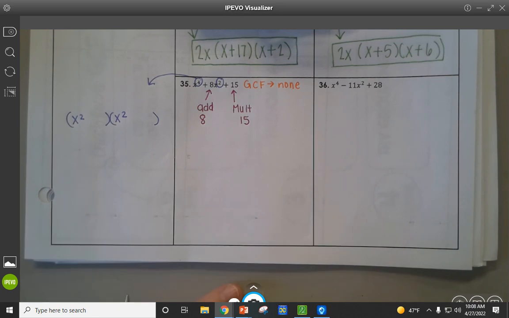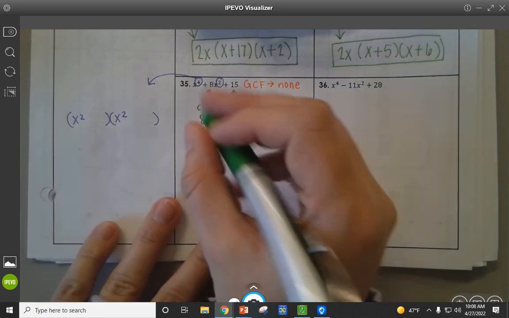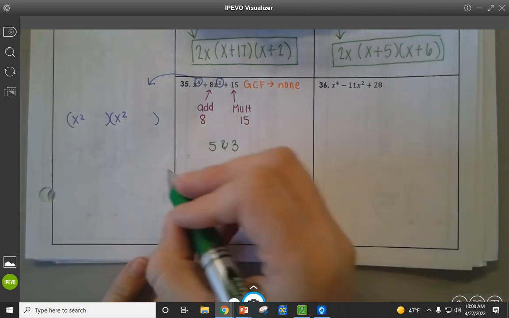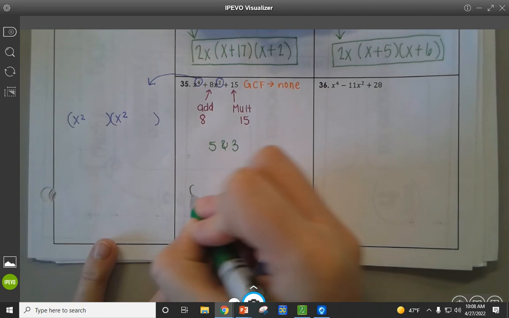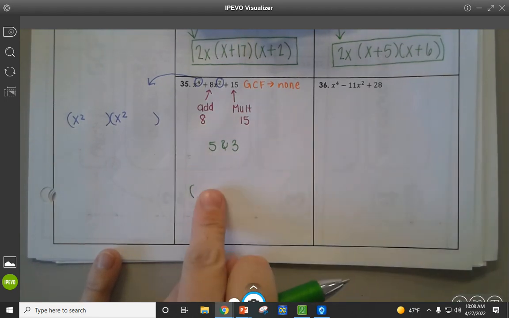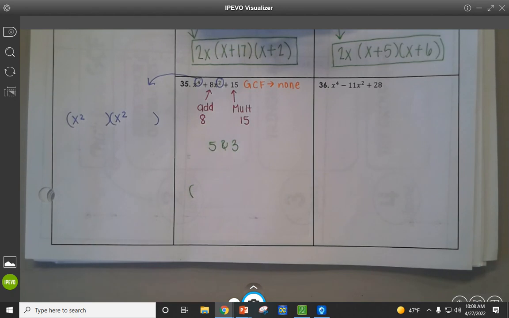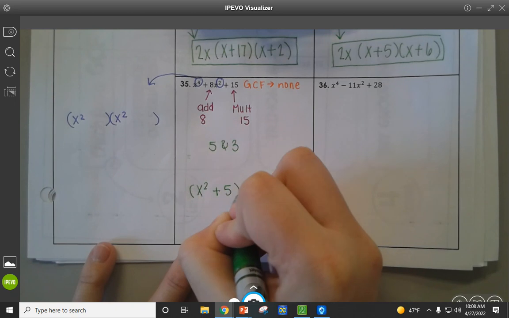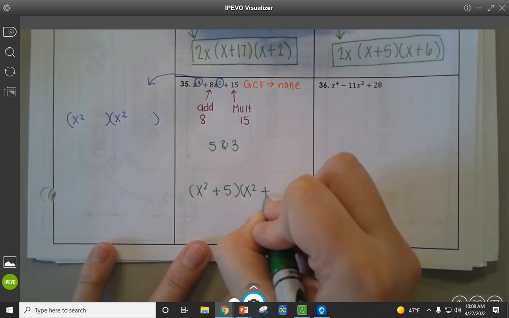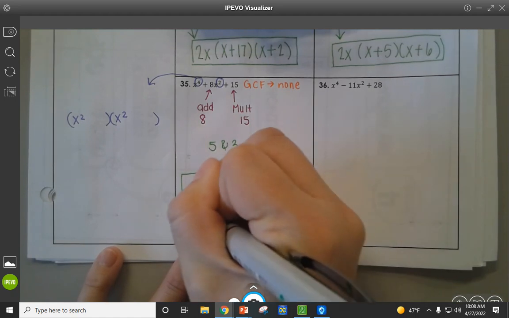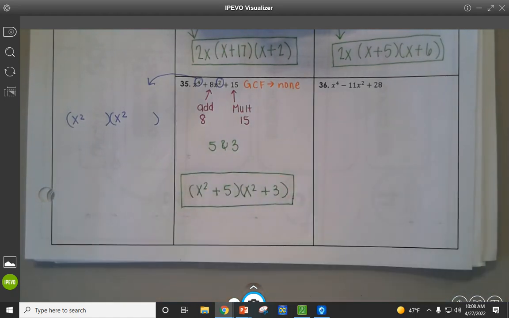They are 5 and 3. Now, I didn't have a GCF, so there's nothing to go in front. What do I put in my parentheses? X squared plus 5 and x squared plus 3. Good.